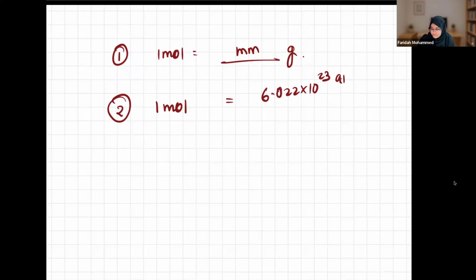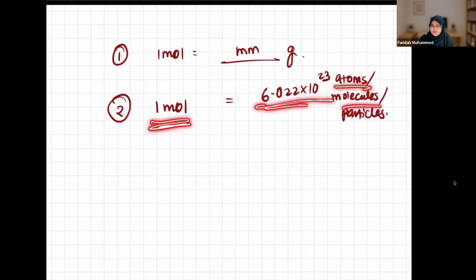It can be atoms, molecules, ions. I'm just going to write particles here. This is the relation. Write down the relation. 1 mole equals this much of atoms, molecules, or particles, or ions.